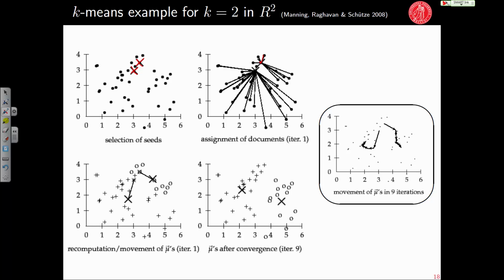Basically, we are saying now that this group of points is the first cluster, and that group is the second cluster. You look now at the graph at the bottom left, and you see that we no longer have solid points, but we have circles and pluses.